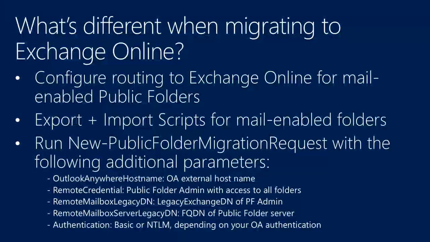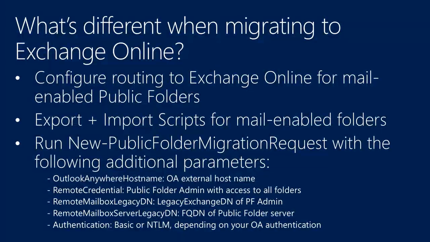Make sure that your email-enabled public folders are available from your on-prem environment. That requires some settings, but it's described on TechNet. Then you need to export. You have an additional script for exporting and importing mail-enabled public folders, because mail-enabled public folders are not part of your DoSync.